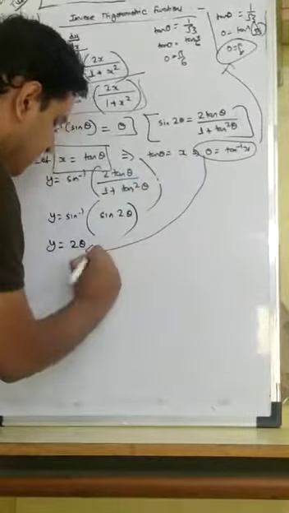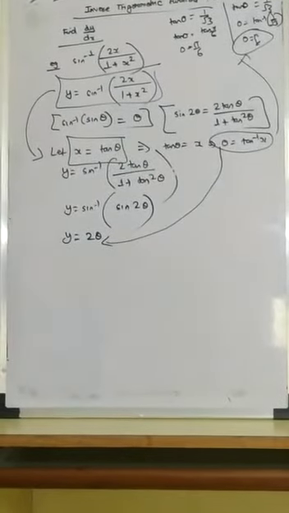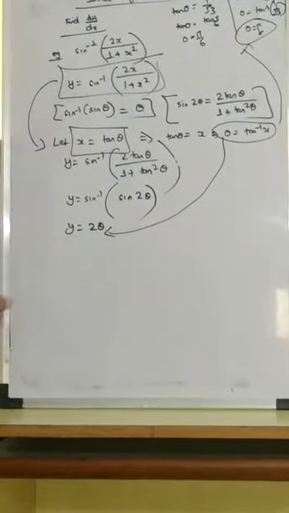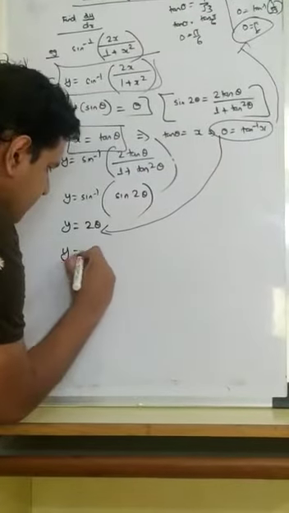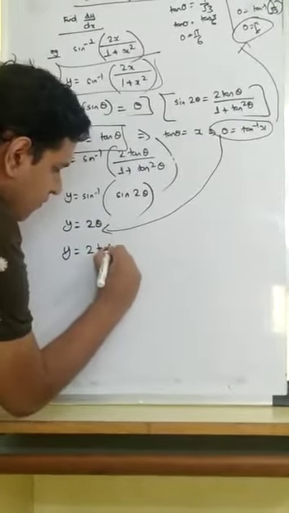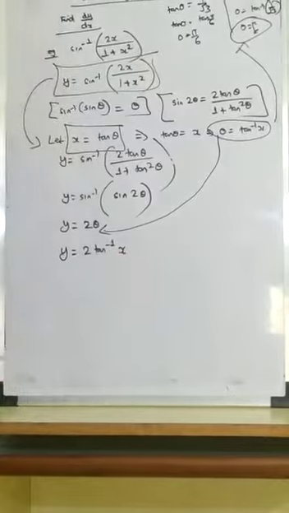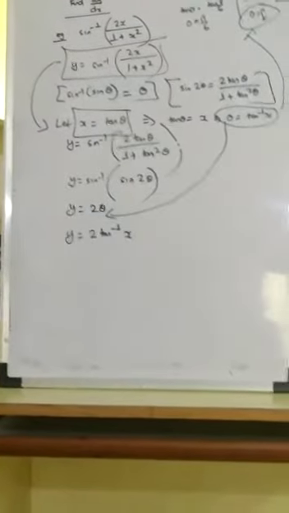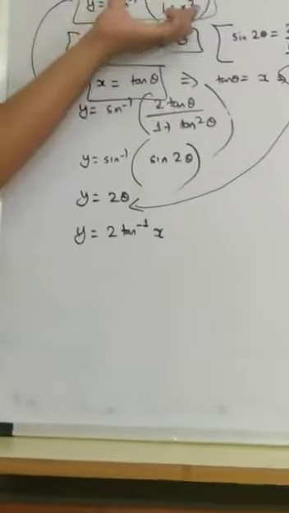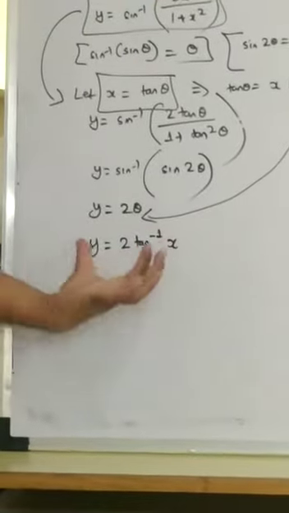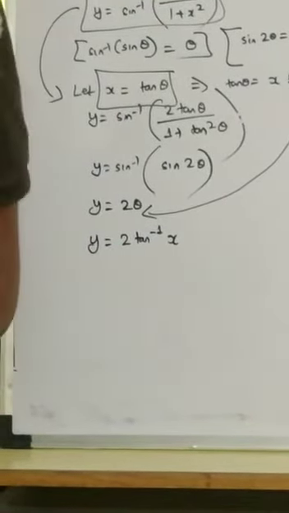Substituting this theta in the y I have here, y is equal to 2 theta. So y becomes 2 tan inverse x. Now, in comparison to the earlier form, this is much easier to differentiate.